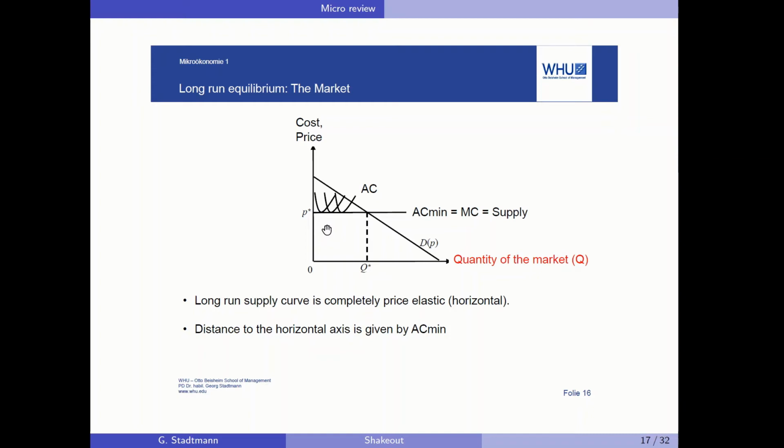The optimal output is equal to 5. The minimum of the average cost is at the level of 140 euros and the price will be equal to 140. In the next step, we can insert the price into the demand relationship and we get the information about the quantity demanded in this industry.